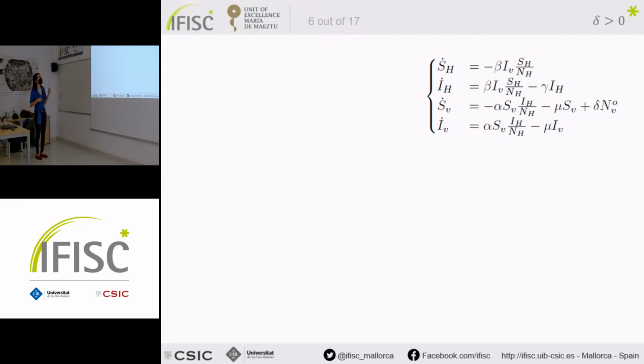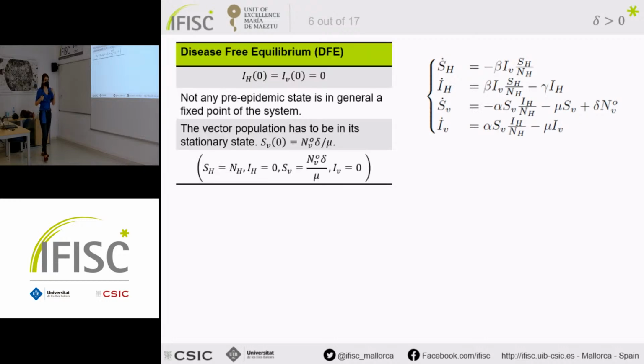So first of all, for delta greater than 0, it's customary for this kind of model to start by studying what is known as a disease-free equilibrium, which may be a pre-epidemic state with no infected individuals, in this case with no infected hosts and vectors. A particularity of our model is that not any pre-epidemic state that is disease-free is an equilibrium, because as the population of vectors is time-dependent, the only equilibrium is when the population of vectors is at its stationary state.